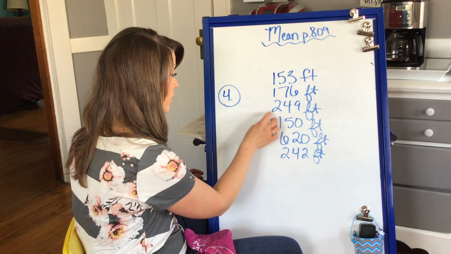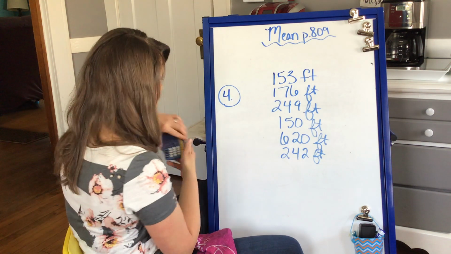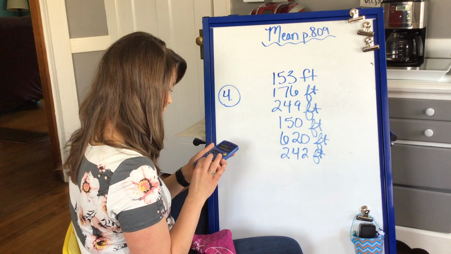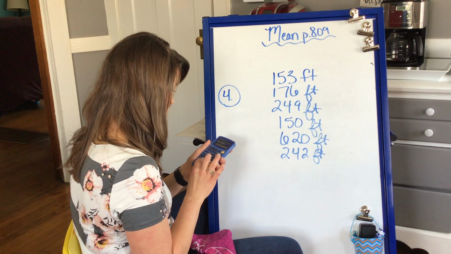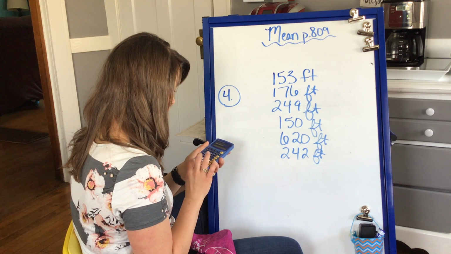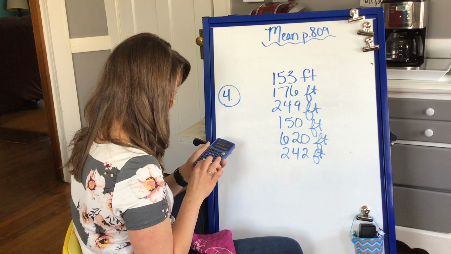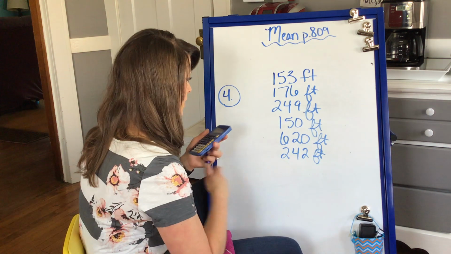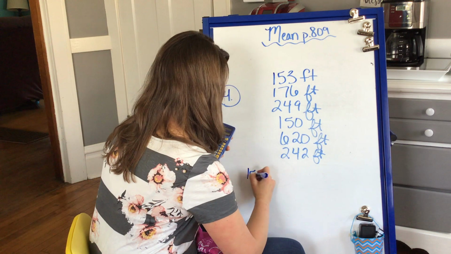So I have 1, 2, 3, 4, 5, 6. 6 numbers again. So I'm going to add them up. 153 plus 176 plus 249 plus 150 plus 620 plus 242. And that would give me 1590.